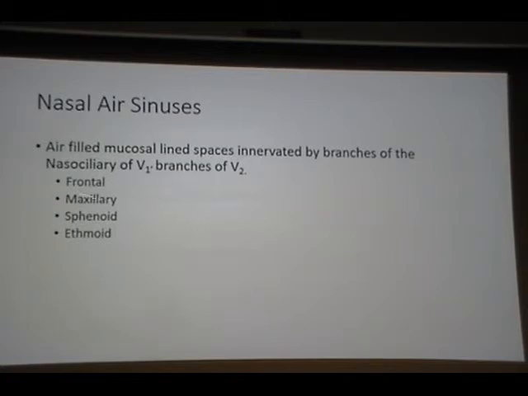Underneath the orbit, we have these very large, somewhat rounded or squared sinuses called maxillary sinuses. We have this sinus behind the nasal cavity and the sphenoid bone called the sphenoid sinus. And then between the upper portion of the orbit and the upper portion of the nasal cavity, we have these tiny little bubble-like sinuses called ethmoidal air cells.